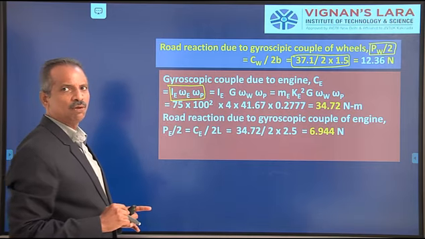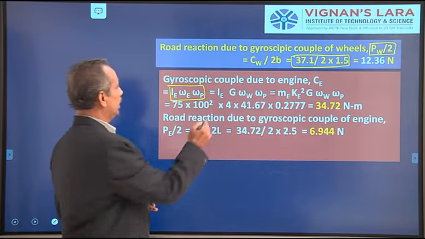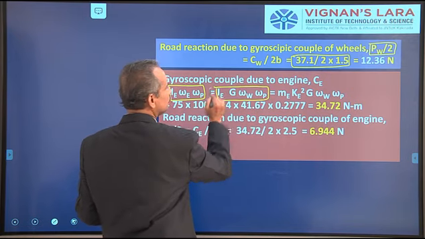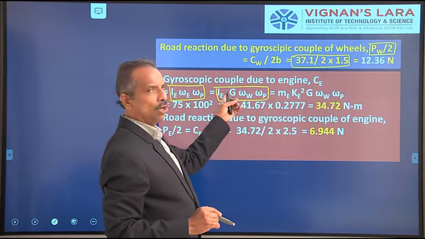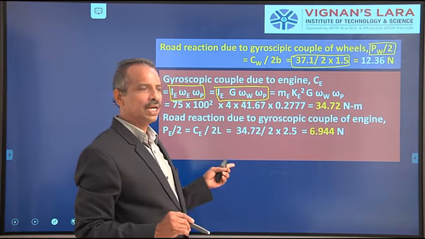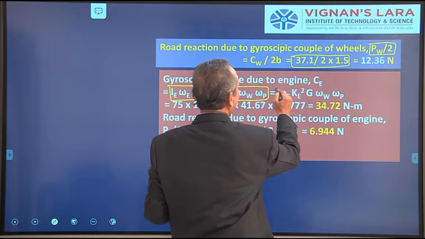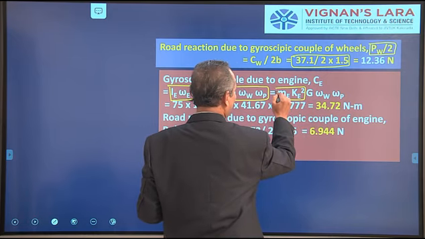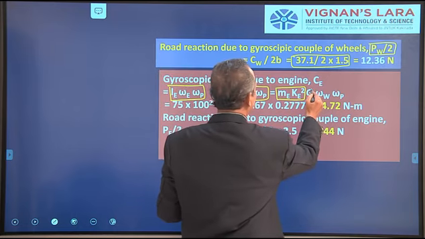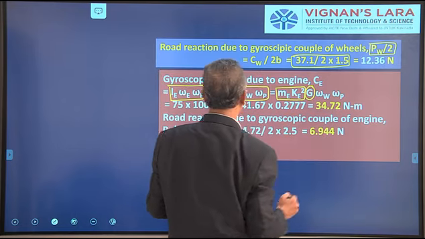IE omega E omega p. Then in place of omega E I have written G omega W. And you know IE is nothing but mE kE square. Already in the very beginning I have defined all this terminology. Then G is already given as 4.